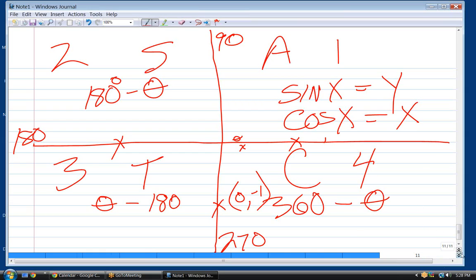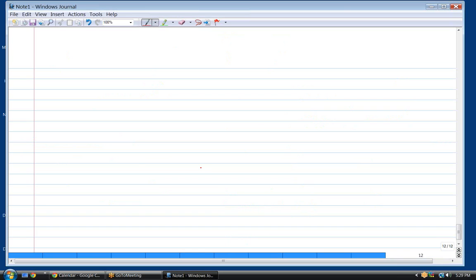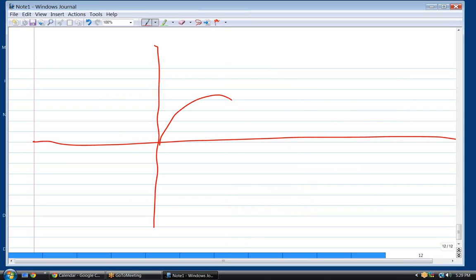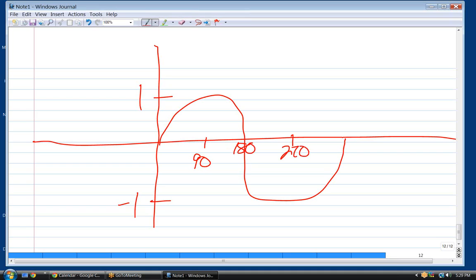I don't usually teach that method because I think it is so valuable to know this graph. If you know this graph, that will tell you the value of the quadrangles. Because we know that's 90, that's 180, that's 270, that's 360. If I read this graph as sine x, what's the sine of 0?